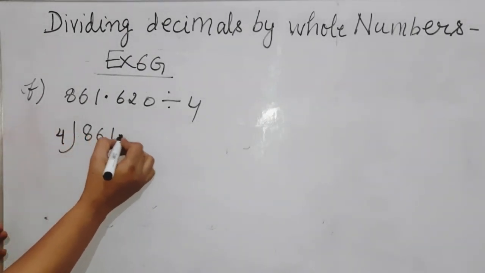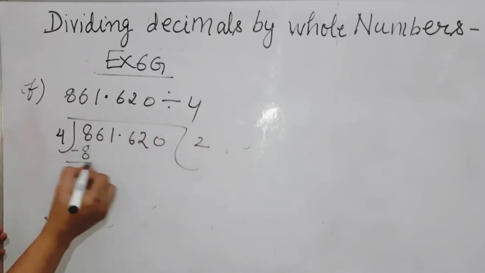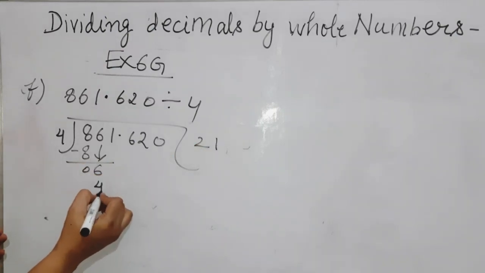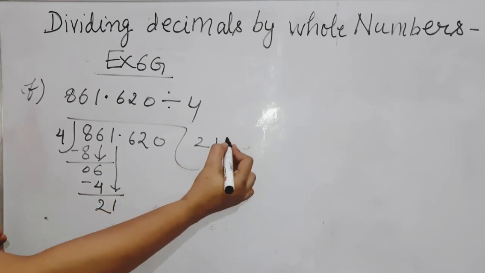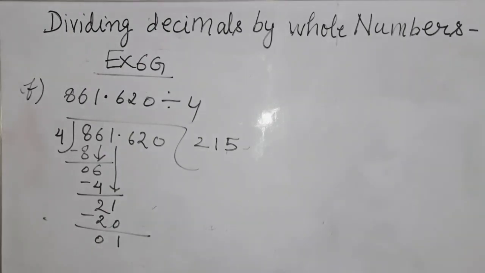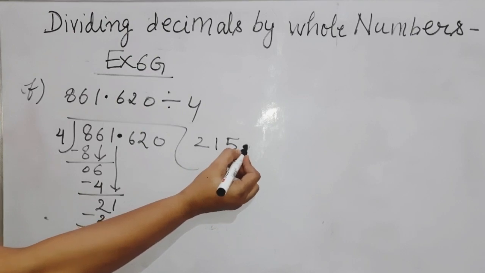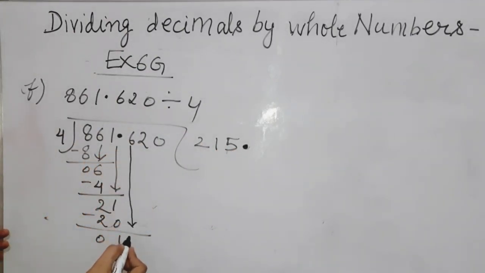Normal division method will be followed. 4 2s are 8. 6 will be dropped down. 4 1s are 4. 2 remainder. 1 will be dropped down. 4 5s are 20. 1 remainder. Now as you all can see, after 1 there is a decimal point. Now place a decimal point in the quotient also. Then you have to drop down 6.